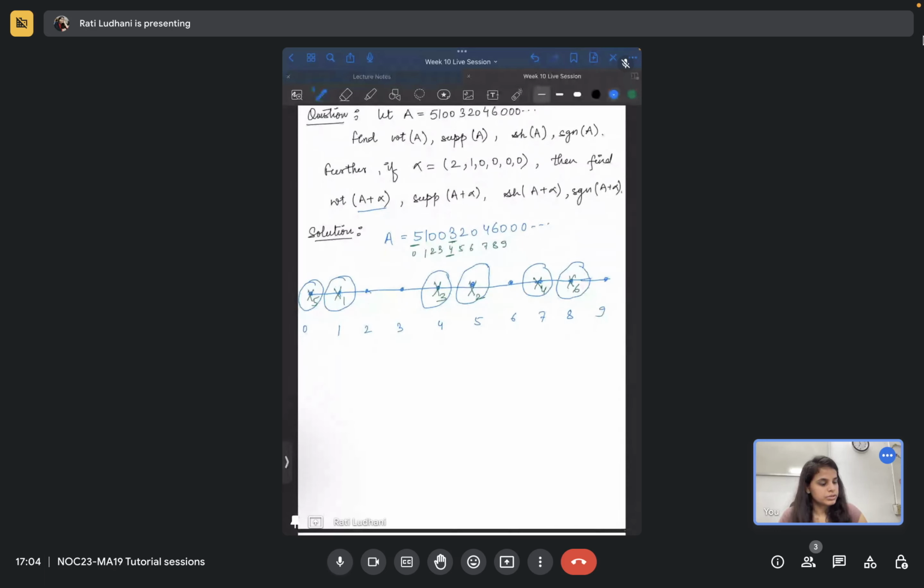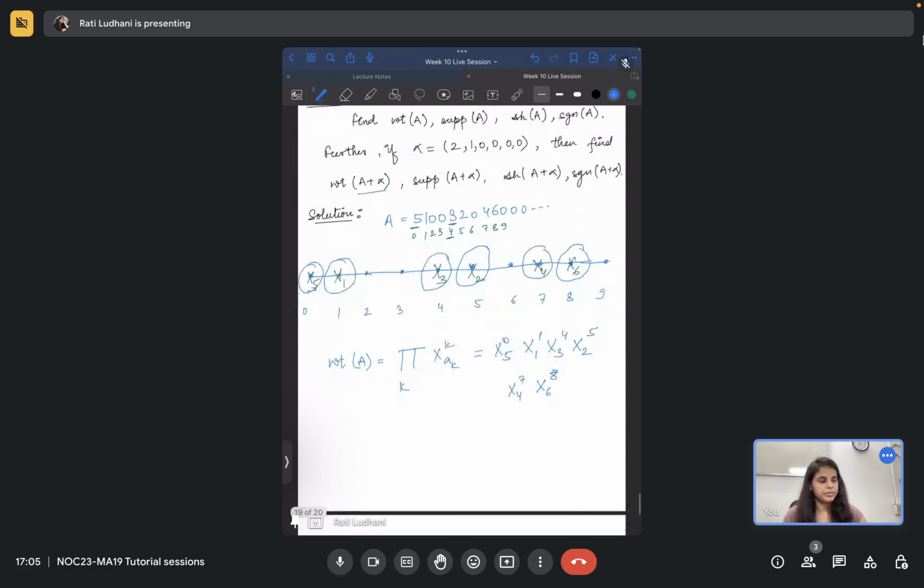Firstly, the weight of A. The weight of A is the product of x_{a_k} raised to power k. So non-zero positions we need to see: x5 raised to power 0, x1 raised to power 1, x3 raised to power 4, x2 raised to power 5, x4 raised to power 7, x6 raised to power 8. Is that clear?